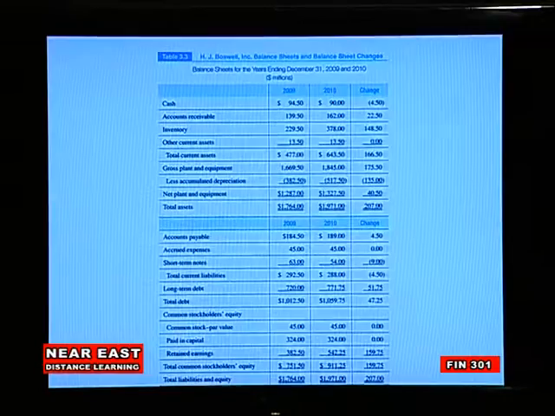This example shows how we can prepare cash flow. When we prepare cash flow, we depend on the balance sheet and income statements to discover the change between two years. In this example, we have the balance sheets for 2009 and 2010.